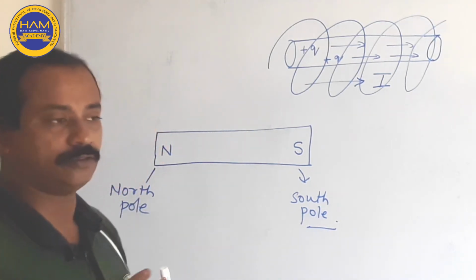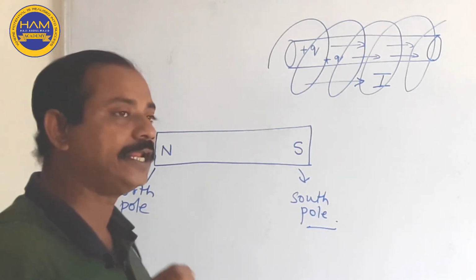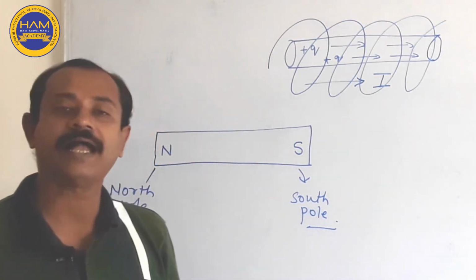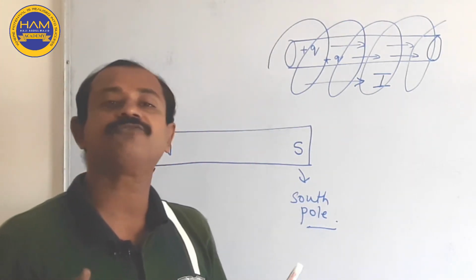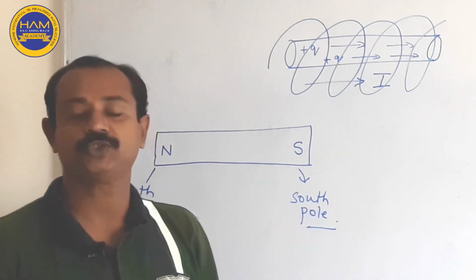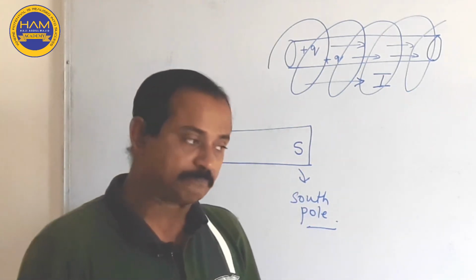That region where the iron nail feels the power or the effect of the magnet, the entire region is known as the magnetic field.